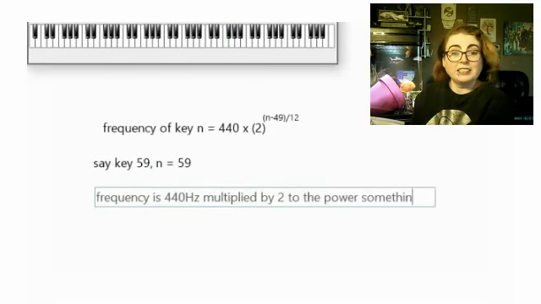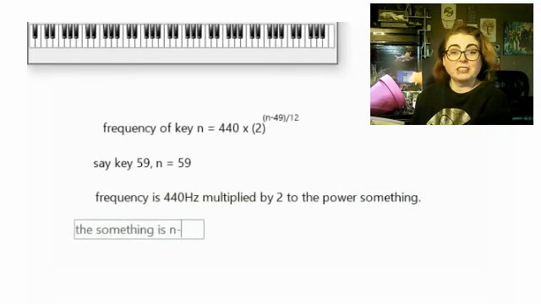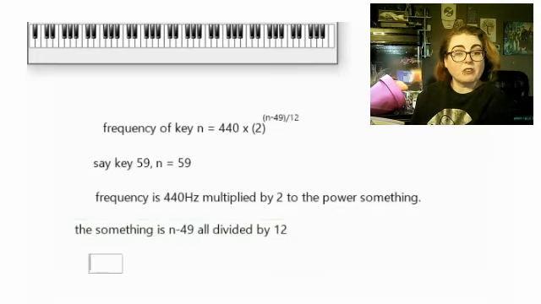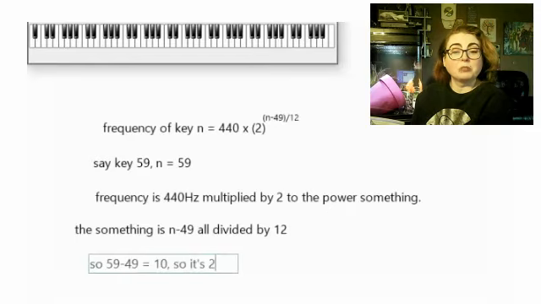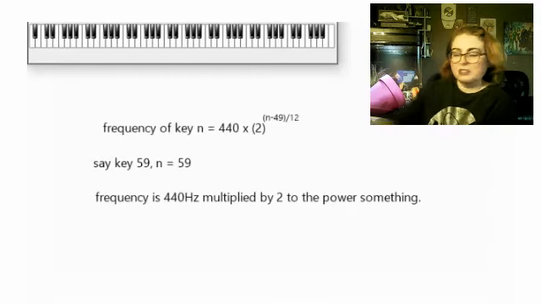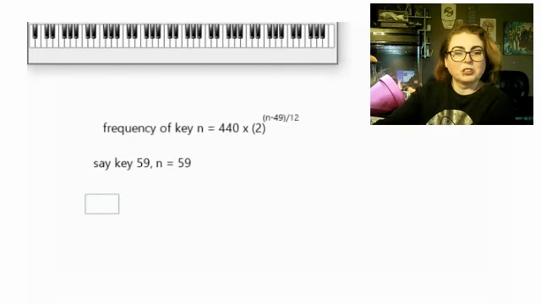So say key 59, the 59th key on the piano, which is G5. It's 440 multiplied by 2 to the power something. So the something is n minus 49, all divided by 12. So if n is 59, 59 minus 49 makes 10. So 10 divided by 12.